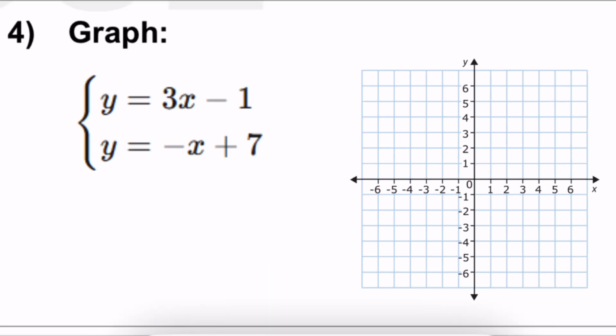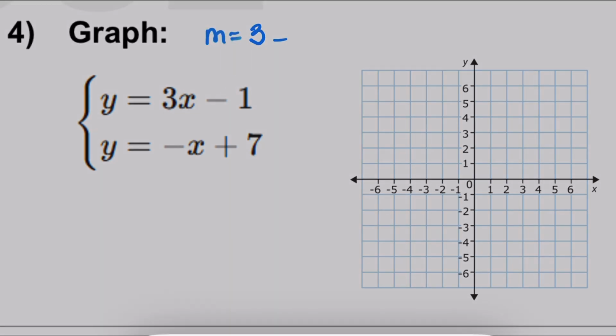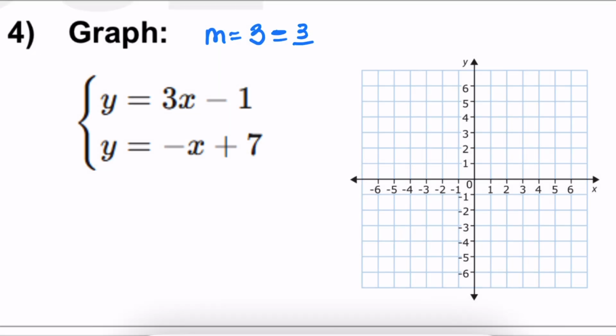For question 4, graph y equals 3x minus 1 and y equals negative x plus 7. For the first one, your slope is 3, or 3 over 1. That means go up 3 to the right 1. And the y-intercept is negative 1, or 0, negative 1.